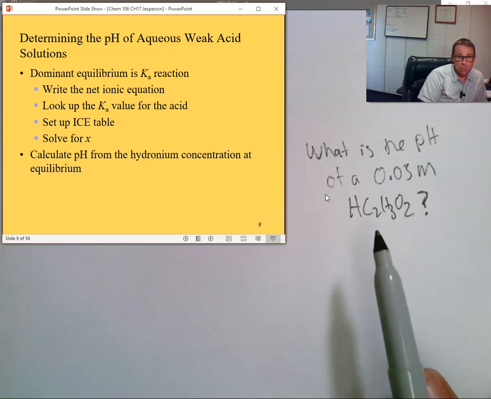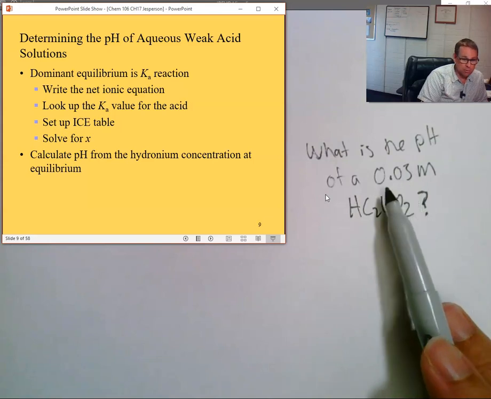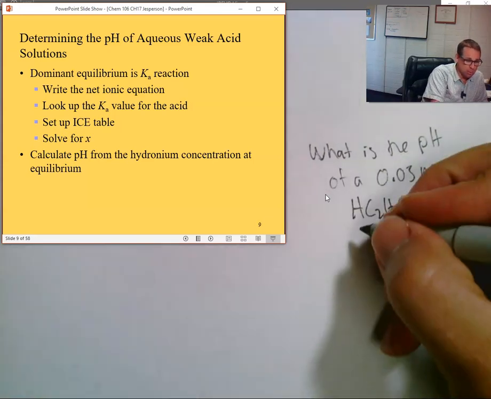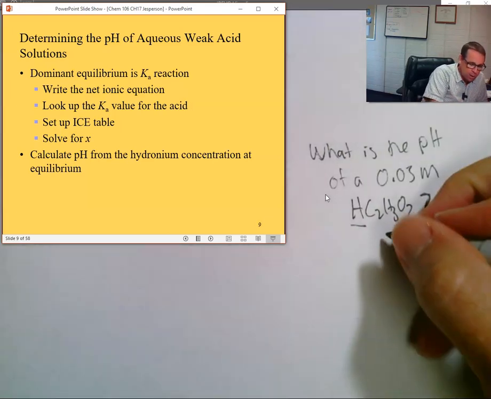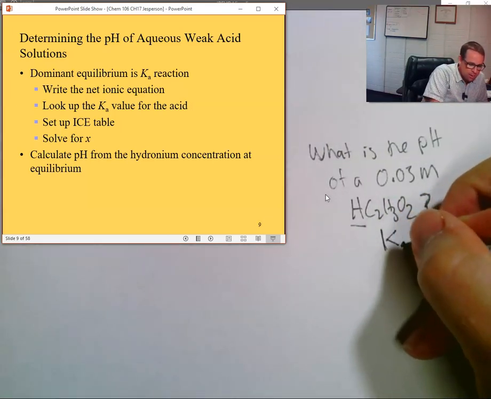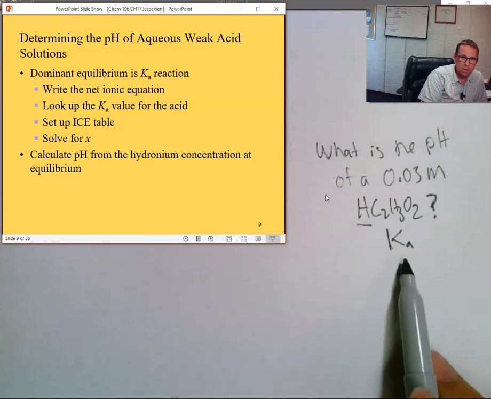Oh, okay. It's a weak acid, and so it doesn't dissociate completely. So even if I have 0.03 molar of this in solution, that doesn't mean I'm going to have 0.03 molar of the hydrogen ion.